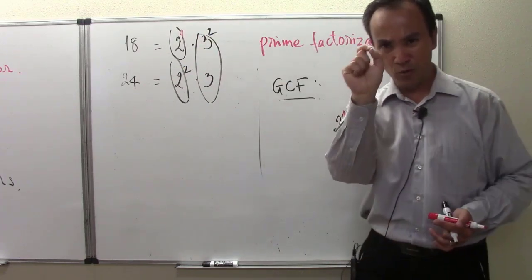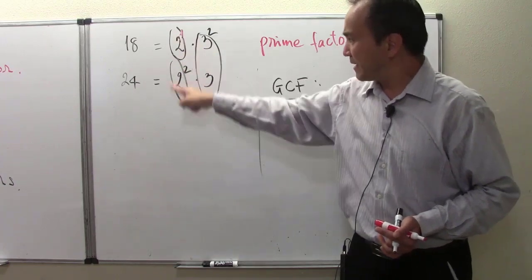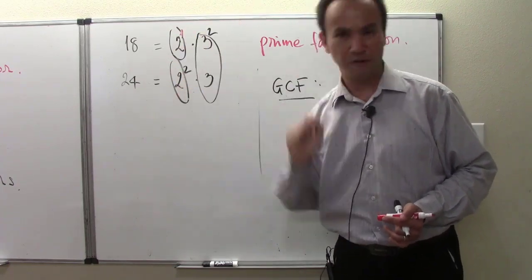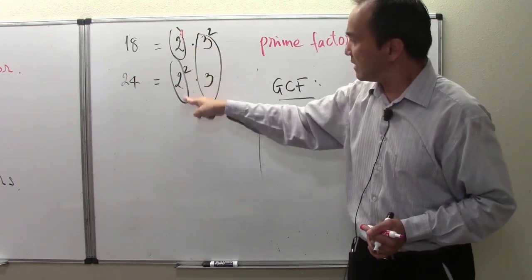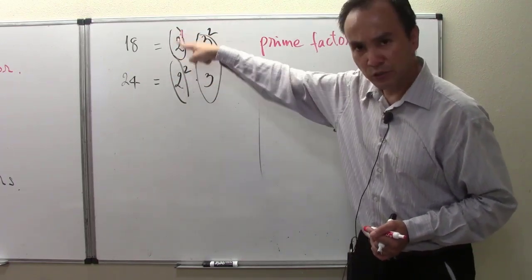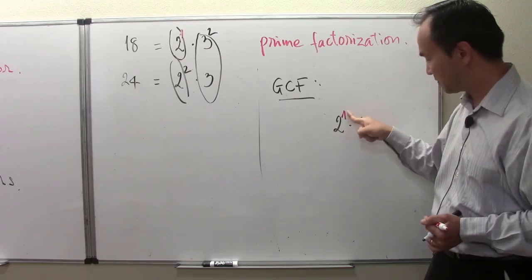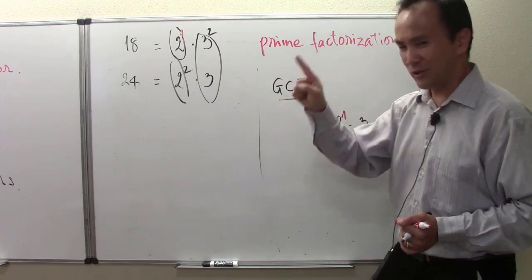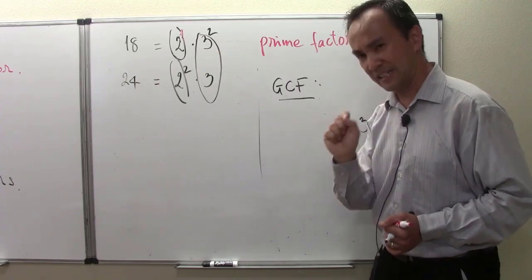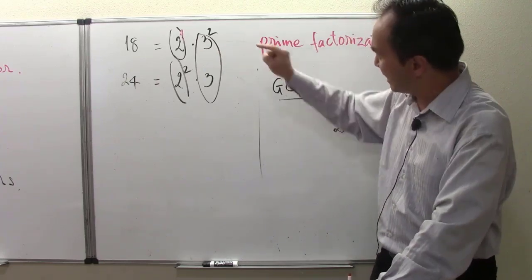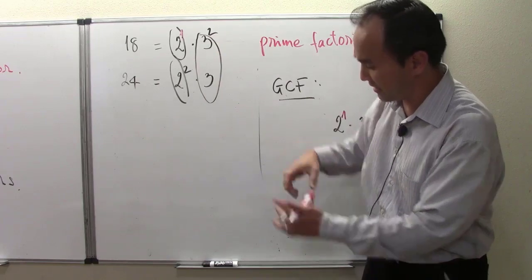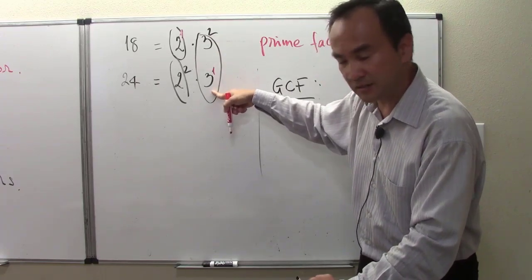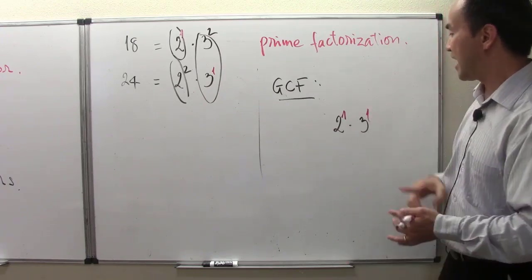Remember, after picking the common prime factor, we pick the one with the least exponent. So 2 to the first power is being included in our GCF. In that exact same guideline, I am going to go with 3 right here, and I pick the least exponent for this prime factor, which is 1. And so now that's how we complete.